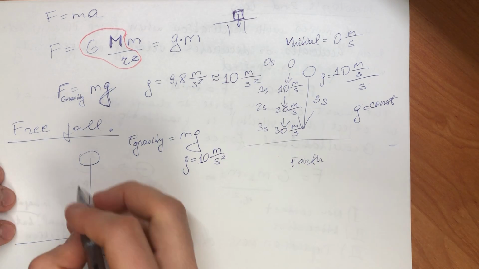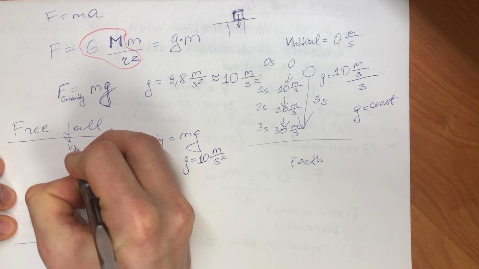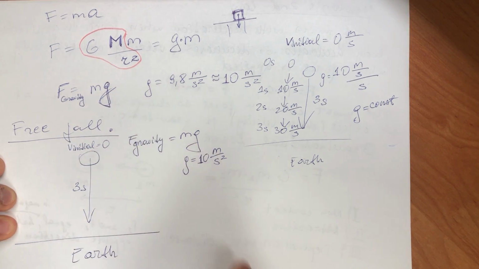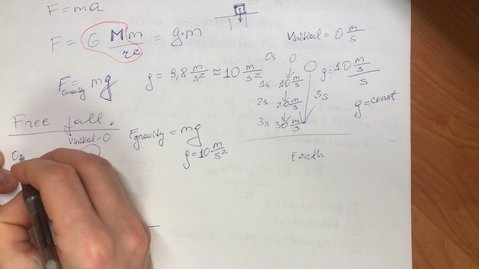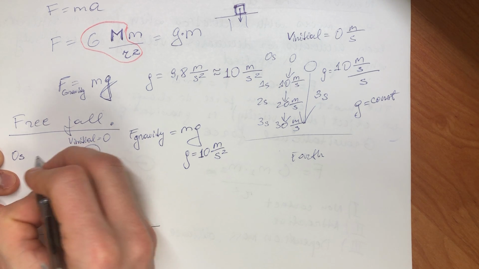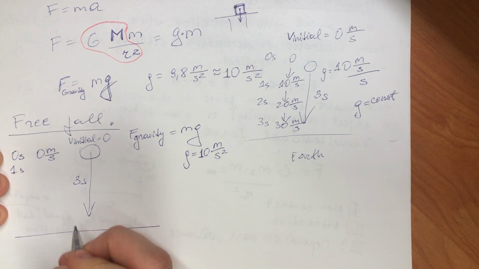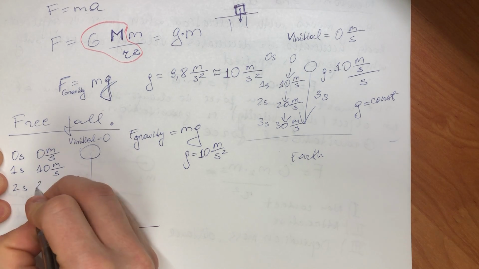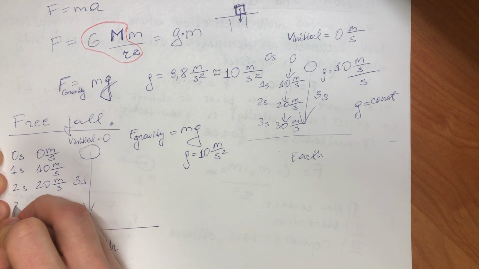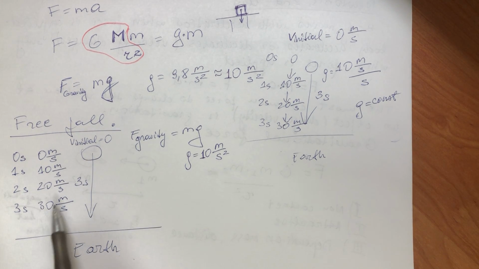If the object is falling for 3 seconds, V initial is 0. Initially it is 0 meters per second. At first second it is 10 meters per second, at second number 2 it is 20 meters per second, at second number 3 it is 30 meters per second. So it increases every second by 10 meters per second.